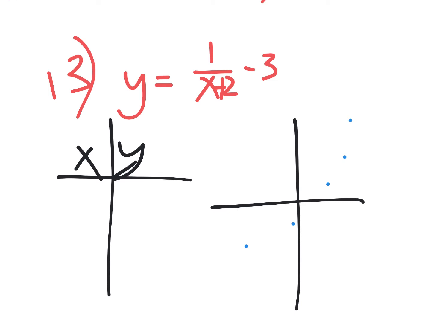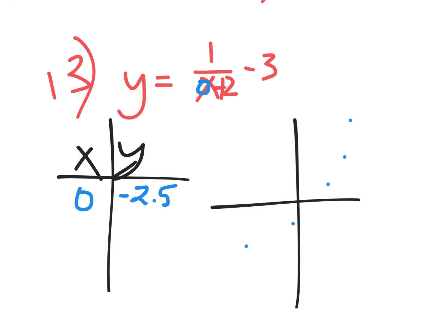Everybody knows how to play connect the dots. That's easy, right? So it's about getting some dots. So you put in x is 0 and you see what happens. I have 1 over 2, 1/2, minus 3. What is 1/2 minus 3? It's negative 2.5. And that's my first point. And then I would find a bunch of points like that. Once you got a bunch of points, you'll be able to connect the dots.